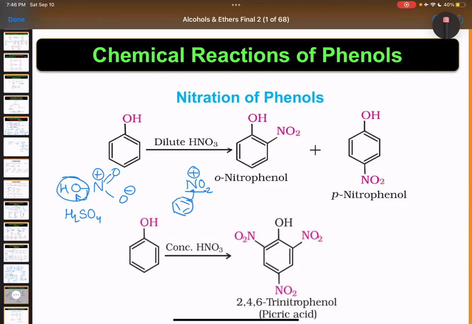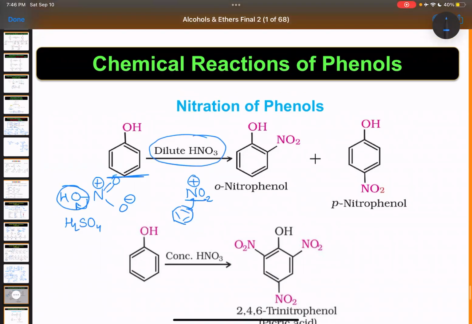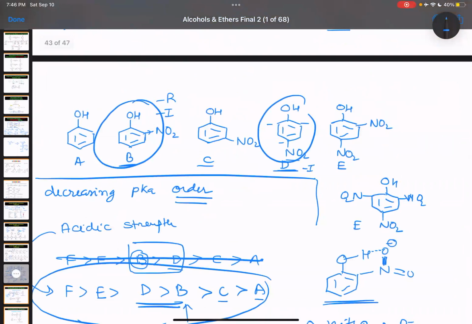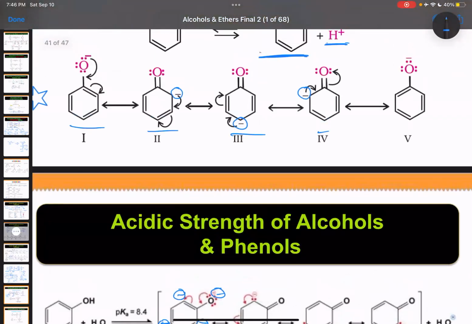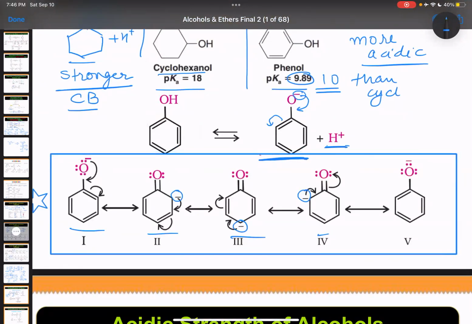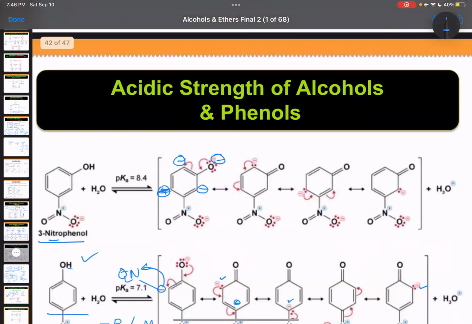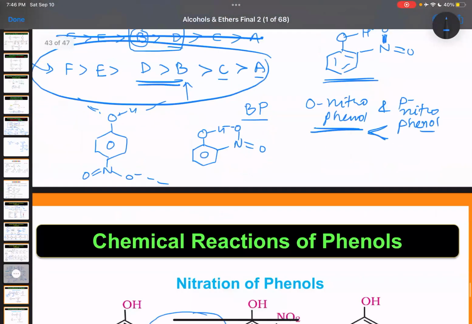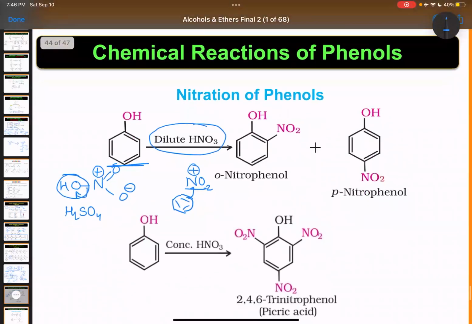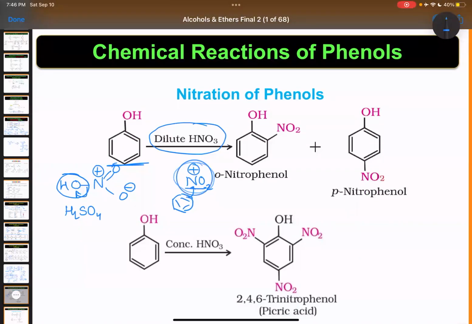So always remember, if you are doing nitration, you take HNO3 and H2SO4, but here you don't require H2SO4 because this phenol is very, very reactive. On its own, it has very high electron density because of this. So if its electron density is already very high, it means you don't require more NO2 plus concentration.